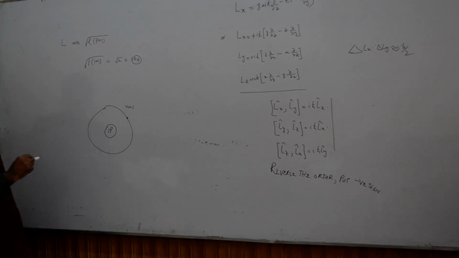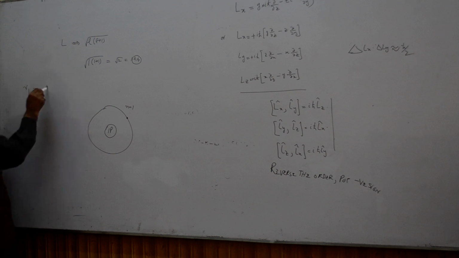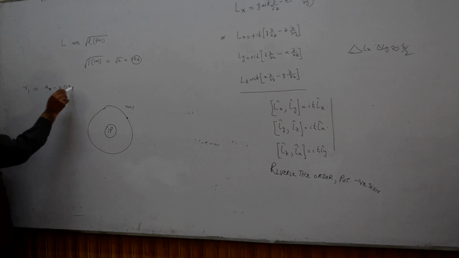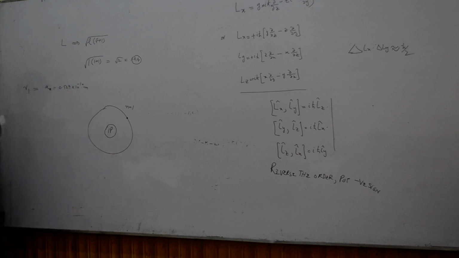And when in n is equal to 1, its orbit is r1, and that is equal to a0, which is 0.52 into 10 to the power minus 10 meters. If someone asks what it is in n equals 2, the general formula is rn is equal to n square a0, so r2 means 4 a0, and so on.